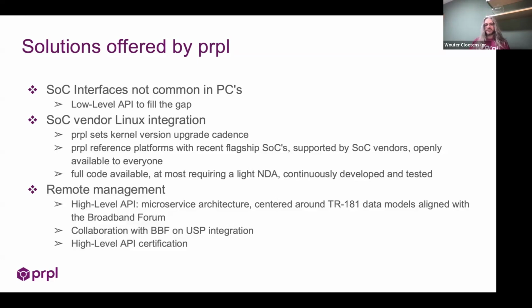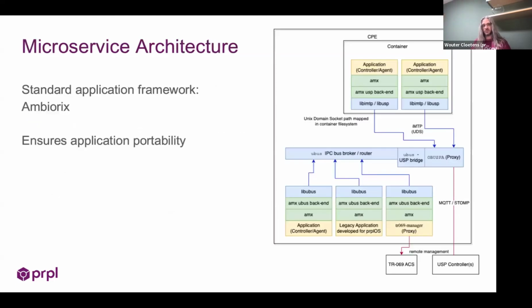On top of that, on this standard data model issue, we have the ability to test and enforce that. So that's the first certification that the prpl Foundation can offer, a high-level API certification, where we allow you, I have a slide on this, to verify that a device really adheres to that. More certification will come. Quick picture on the microservice architecture.